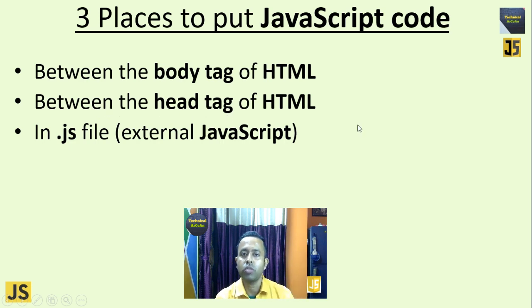Within the head tag we can also put the JavaScript code, or we can use external JavaScript in another file .js, and we can import that particular file within the HTML, or we can use the source of that particular content of the JavaScript within our current HTML document, and in that case the file extension for the JavaScript is .js, right? Now just go to the notepad. I just write each and every example for these three places where we put our JavaScript code, right?